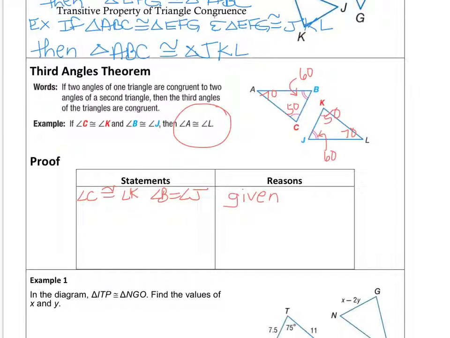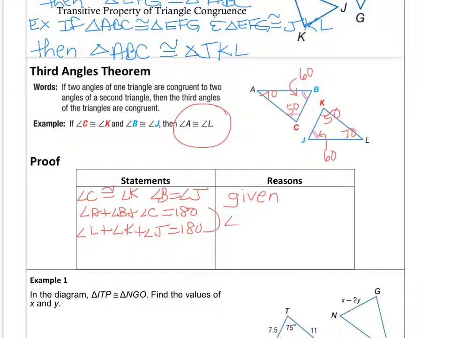We know what they all sum to, so let's say angle A plus angle B plus angle C is going to sum to 180. And we could say the same thing for the other triangle, angle L plus angle K plus angle J is going to sum to 180.